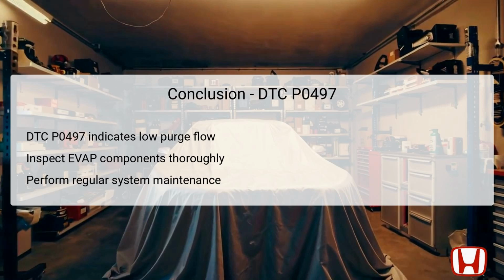Proper identification and diagnosis must begin with checking the relevant components like the EVAP canister, purge valve, and associated hoses. Each step of troubleshooting is designed to pinpoint specific faults within the system, which could lead to increased emissions and decreased fuel efficiency if not rectified.